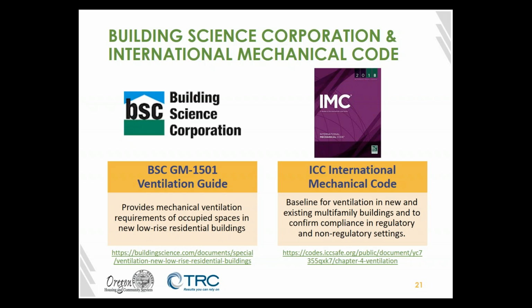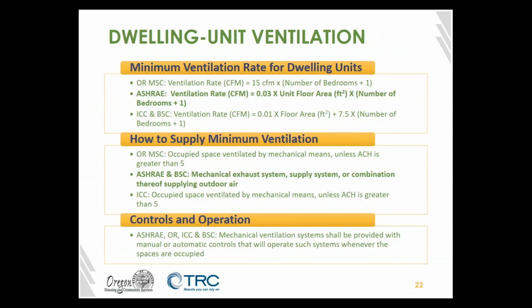Highly recommended little guide there. There's also some extra information in the ICC mechanical code that goes a little deeper than ASHRAE. Especially if you're working on high-rise buildings, those can start being the tier of engineering support that you may want to consider to do good ventilation systems.